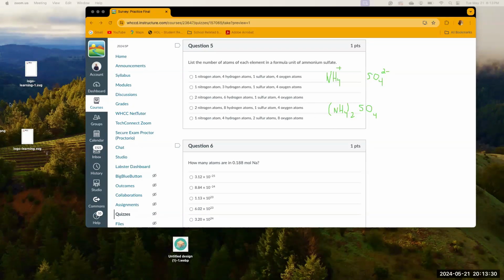So how many nitrogens are we going to have? 2. So that means that we can get rid of these first 2. We know that those are wrong. And this last one, because we know that we have 2 nitrogens. How many hydrogens do we have? 8. Okay, so that means it's this guy. And so we have 1 sulfur and 4 oxygens.